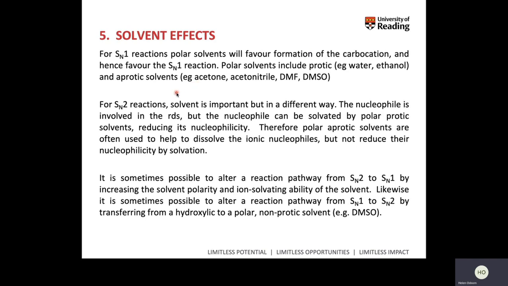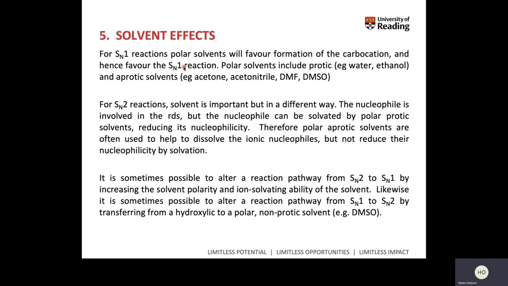However, what we find is that the nucleophile which is involved in the rate determining step is often going to be solvated if you have a polar protic solvent, and that would reduce its nucleophilicity. So what we tend to do is we want to use polar aprotic solvents. So it's sufficient to dissolve the nucleophile which is charged in the first place, but it isn't so polar that it's going to solvate the nucleophile and make it unreactive.